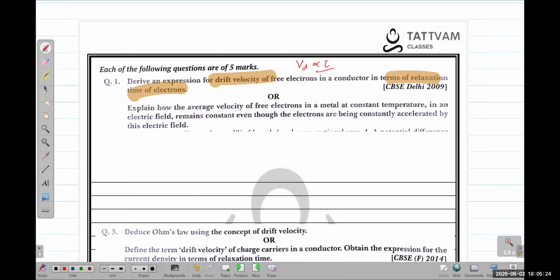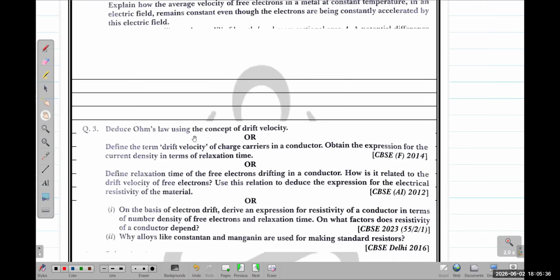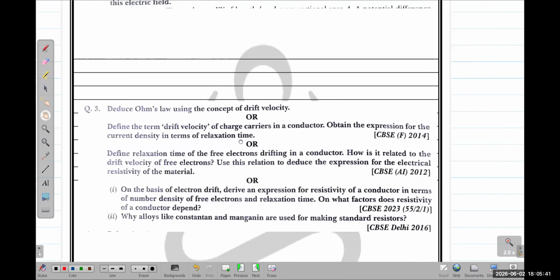It is basically the same logic: they are not able to accelerate properly. Derive Ohm's law through the concept of drift velocity, which we discussed. All those are related to that only.